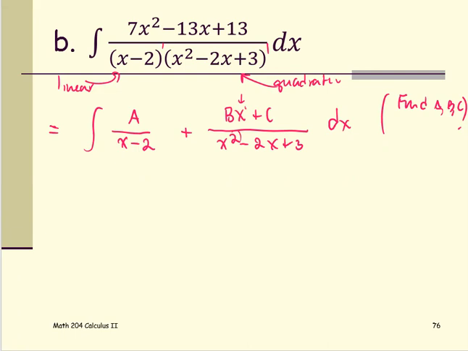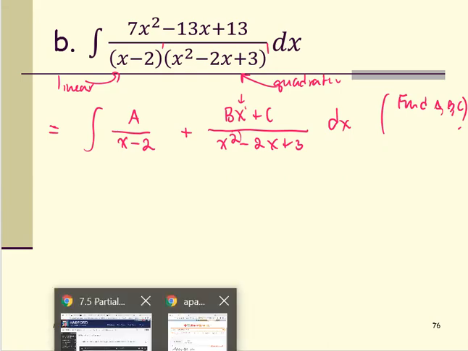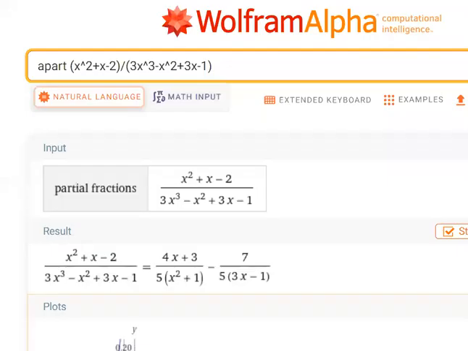Now I'm going to use the tool to find out what A, B, and C are. I go back to Wolfram Alpha and type in the numerator, 7x to the second minus 13x plus 13, close the parentheses, divided by the quantity of the bottom.